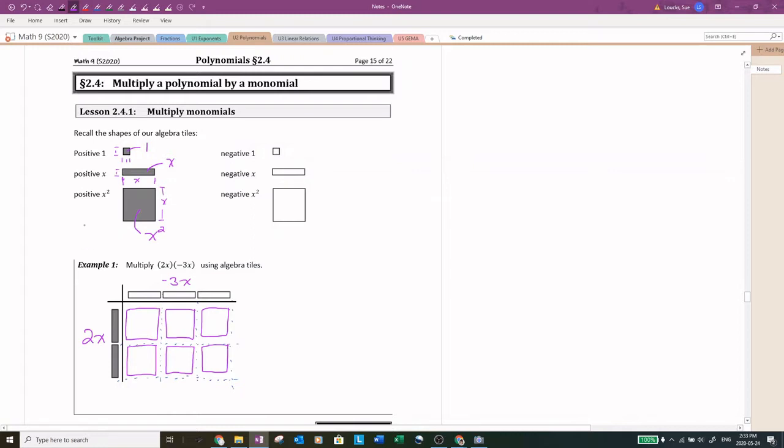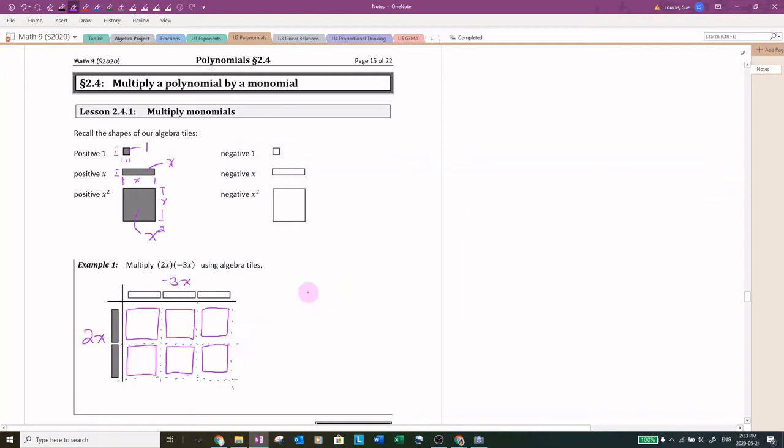Then we know the shape is going to be the x squared, and now we need to figure out whether these are going to be filled in or not. This one right here is a negative x times a positive x, which is a negative value. This is also a negative value, and this one here is a negative times a positive, so it's also a negative.